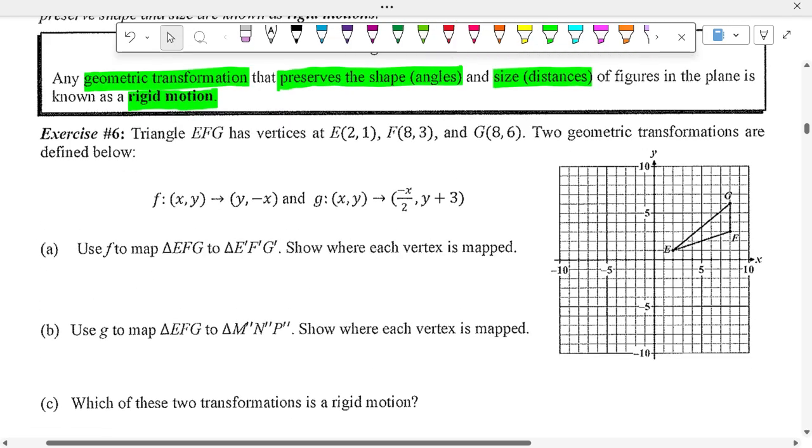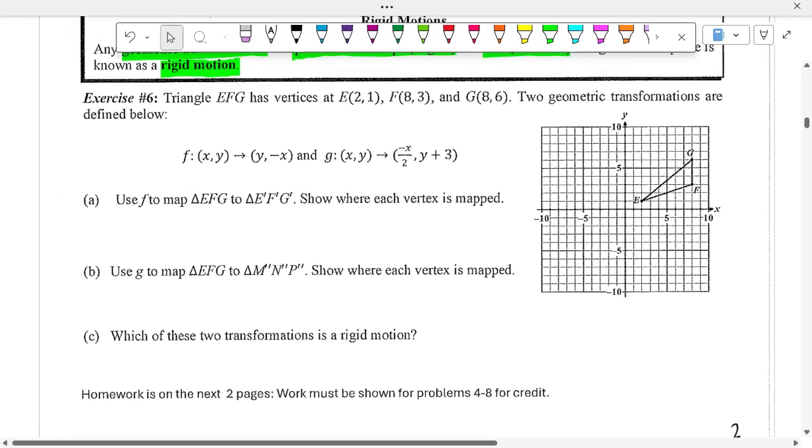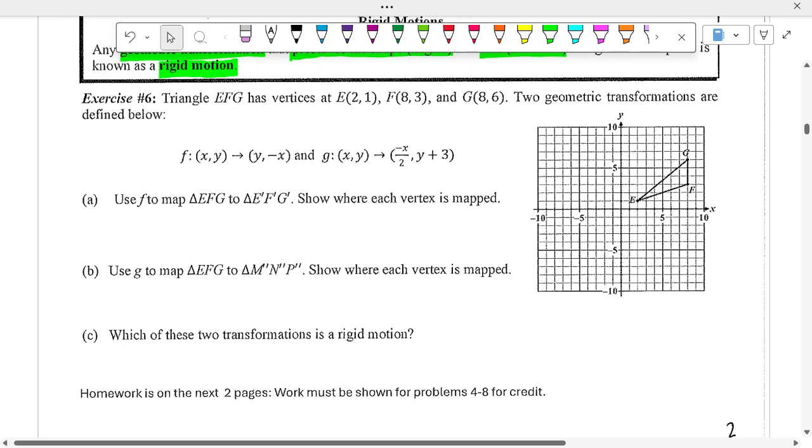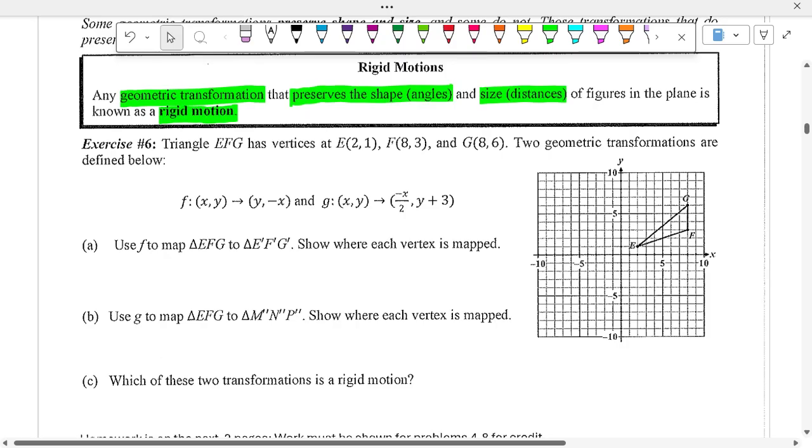So this last exercise. It says that if triangle EFG has these vertices, so E is 2, 1, F is 8, 3, and G is 8, 6. They give us two different rules below.